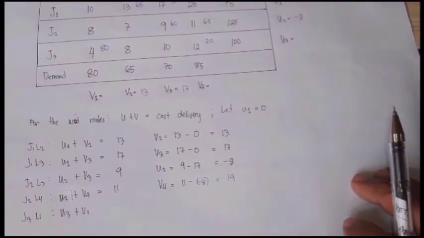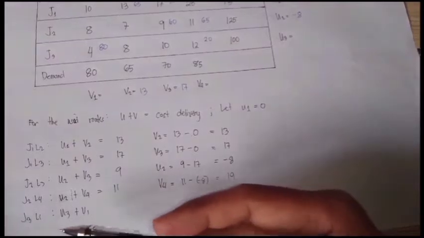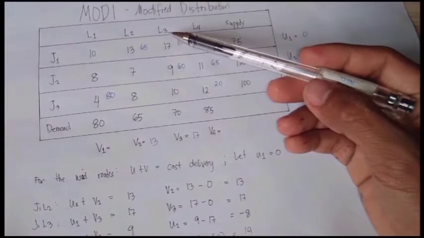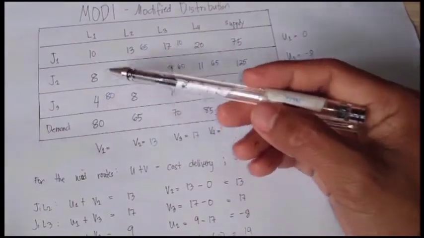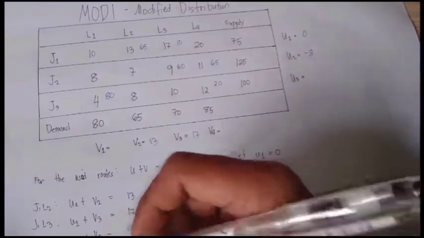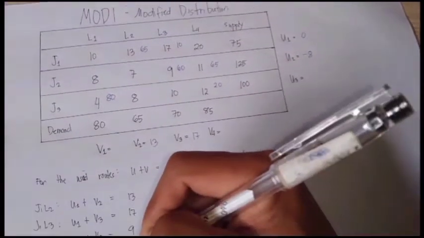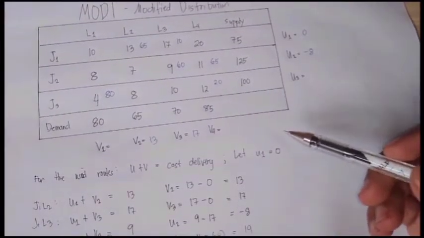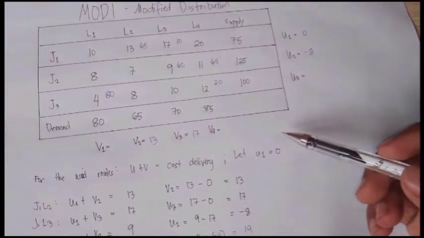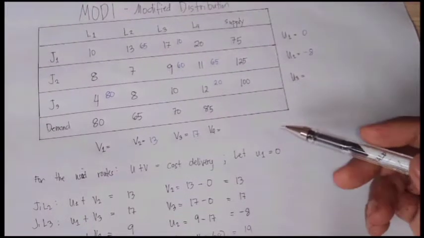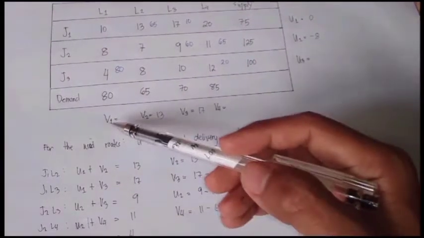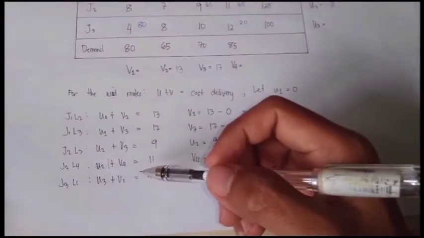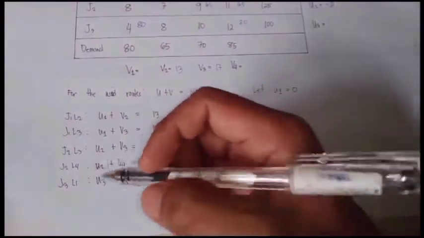So next is J3 L1. U3 plus V1 is equal to 4. Since we don't have the value of our V1 and U3, we will move to the next.